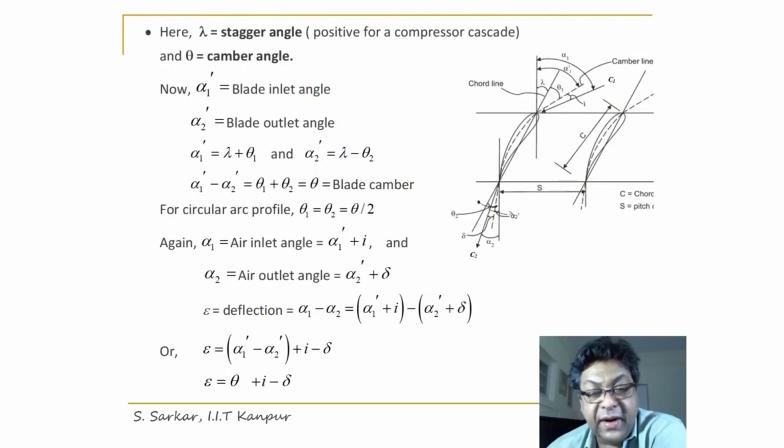What I have stated earlier, I have explained further, where lambda is the stagger angle for a compressor cascade. So I continue the discussion on compressor cascades. And here is the figure that I had presented earlier.